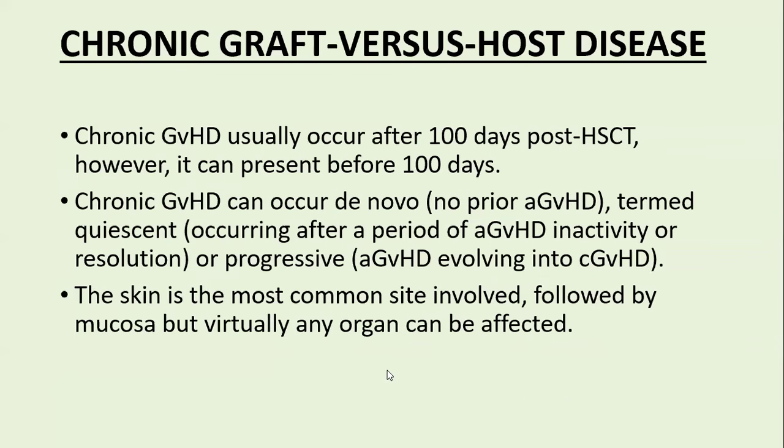Chronic graft versus host disease. This occurs 100 days later to HSCT. It can present before 100 days.